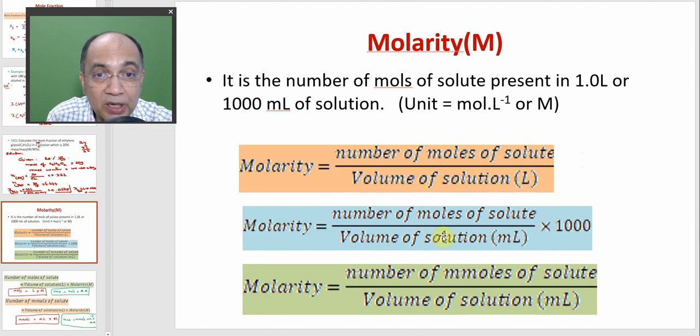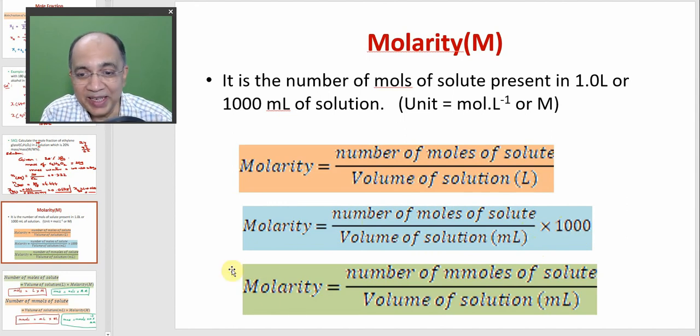Or if you have the volume in milliliter and that value is very small, then to convert it into liter is a little more troublesome, so keep it in milliliter and multiply by 1000. So if these many milliliters contain these many moles of solute, then 1000 milliliter solution will contain how many moles of solute? That's it.